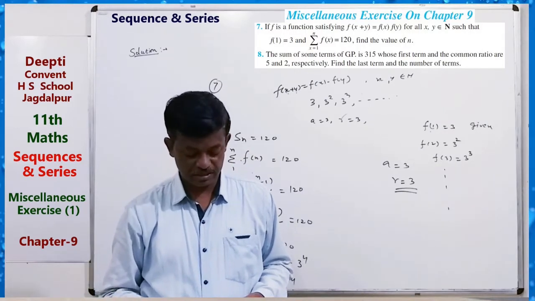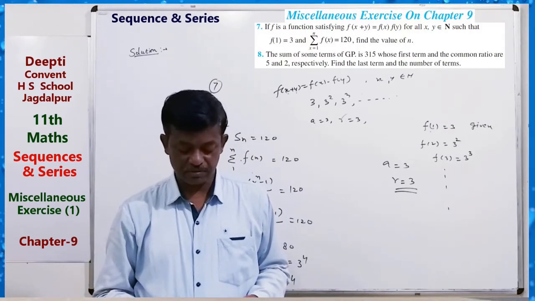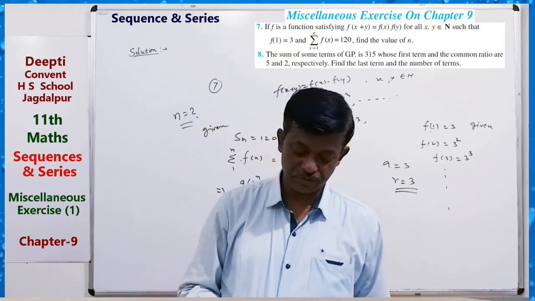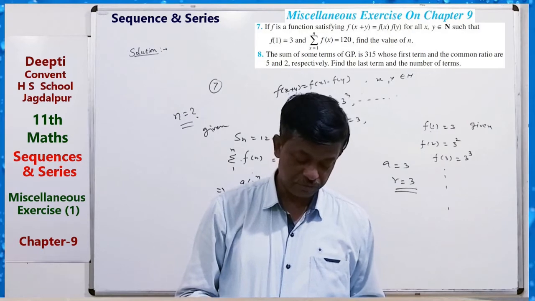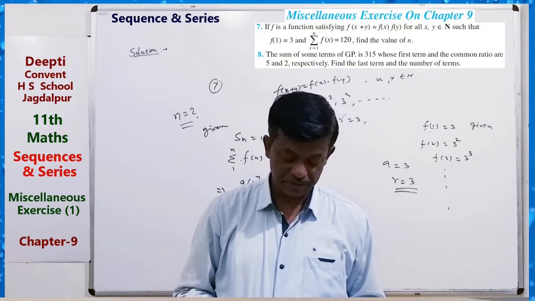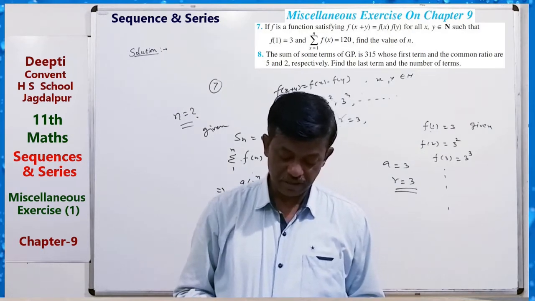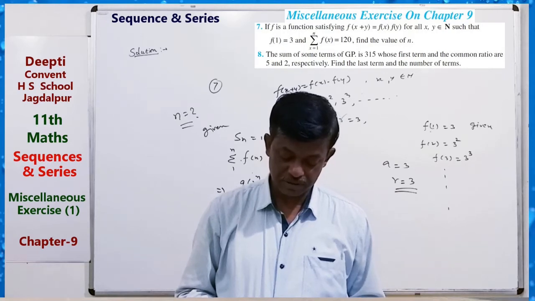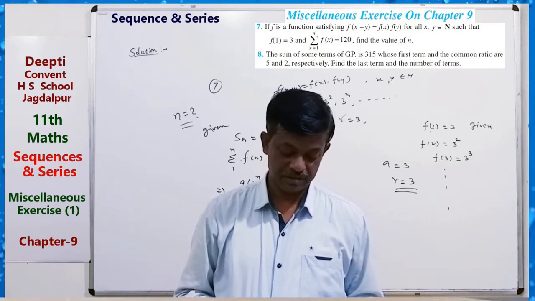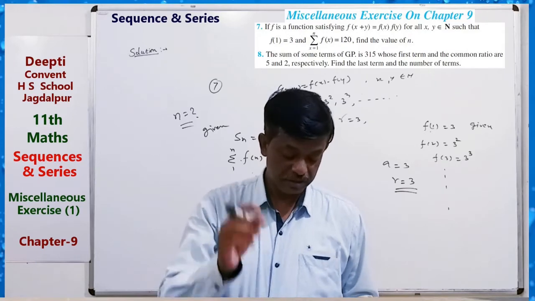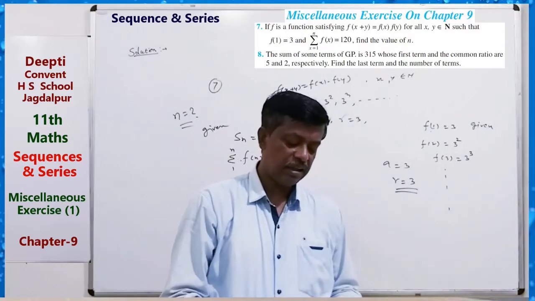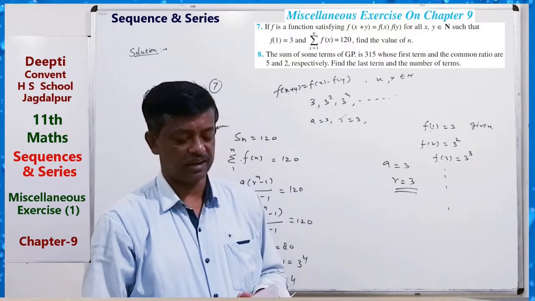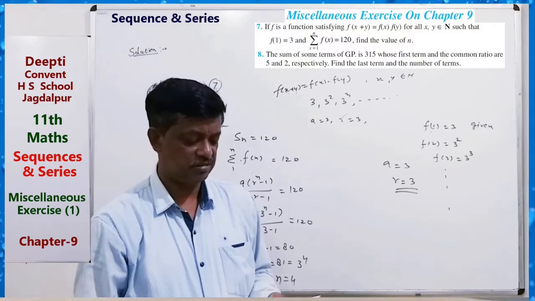Question 8. The sum of some terms of a GP is given, whose first term and common ratio are 5 and 2 respectively. Find the last term and the number of terms. Here 3 things are given: the sum Sn equals 315, and A and R. Very simple question.